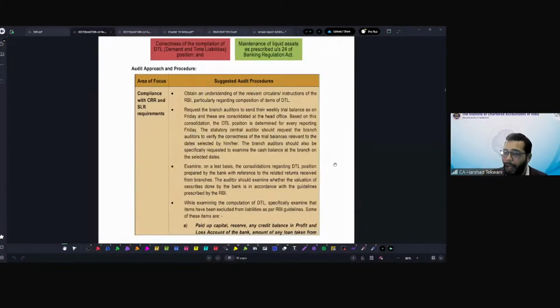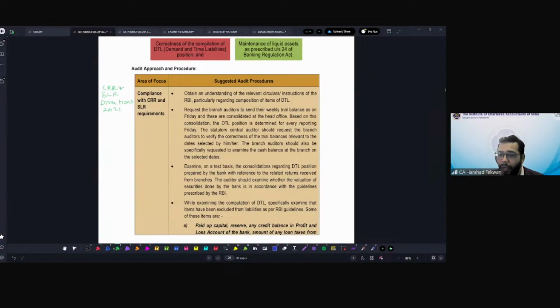There are specific regulations, the Cash Reserve Ratio and Statutory Liquidity Ratio Directions 2021, which are updated from time to time and specify the requirement with respect to the CRR and SLR.